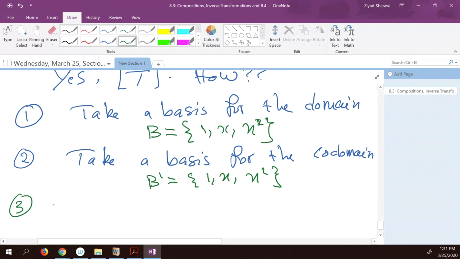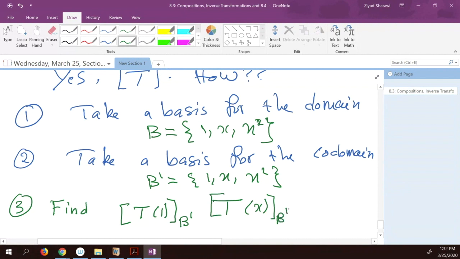Find the coordinate vector of T(1) with respect to B prime, T(x) with respect to B prime, T(x squared) with respect to B prime.